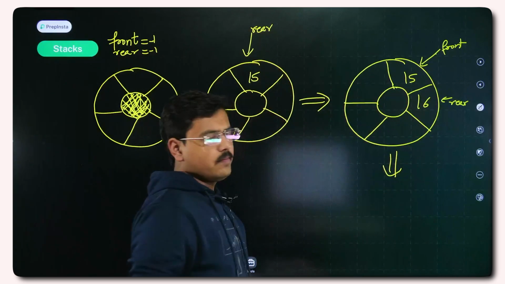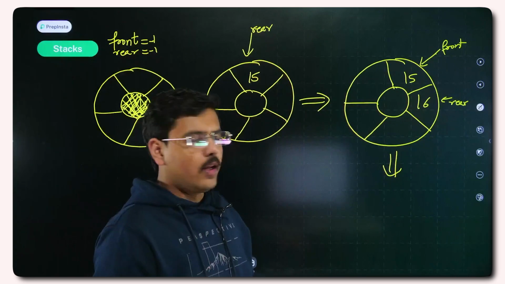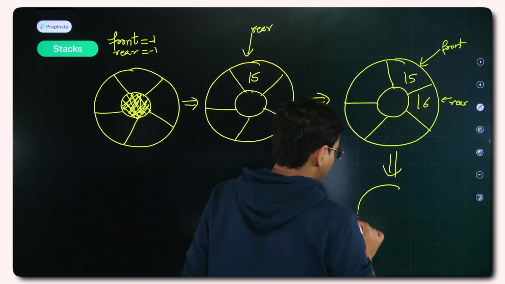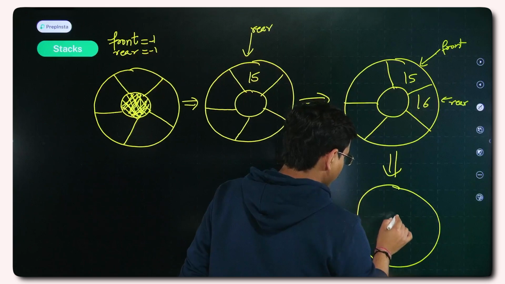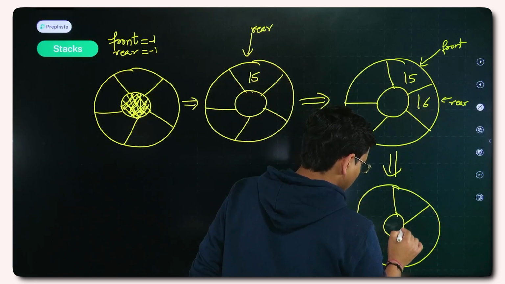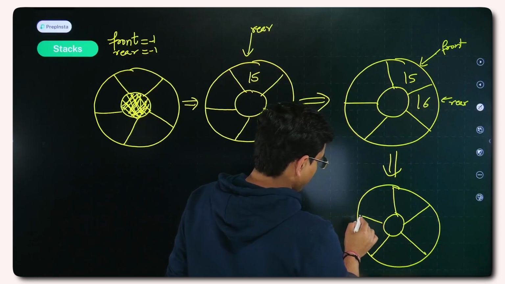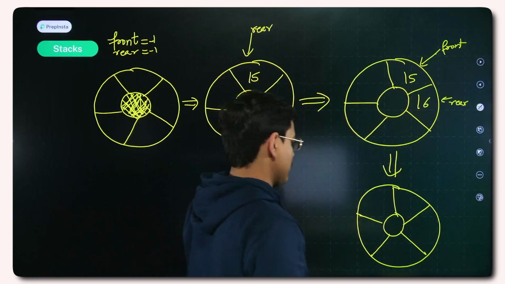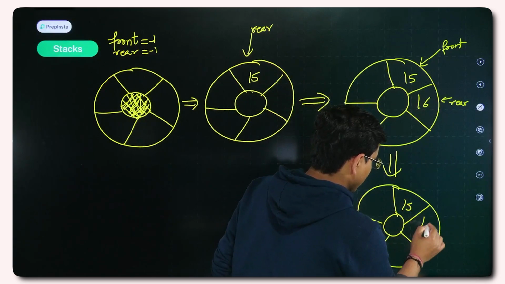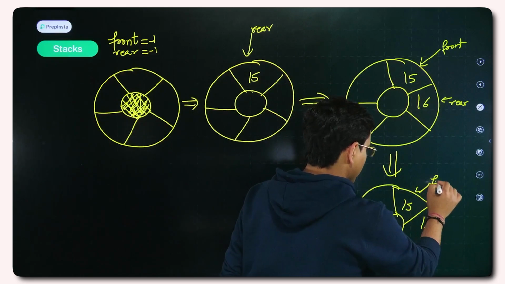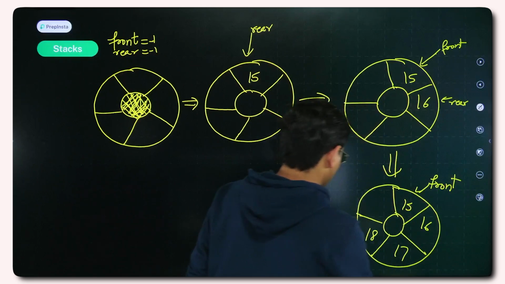And just imagine that I have added 2 more elements. So I'm basically skipping a portion of the queue, and I'm telling you that in this queue there are 1, 2, 3, 4 and 5. I guess now it's perfect. Yes. So 15, 16, 17, 18, and this is front and now this is rear.